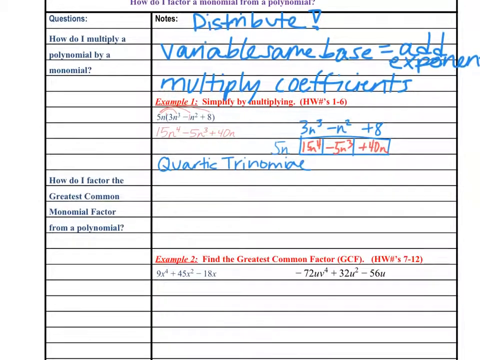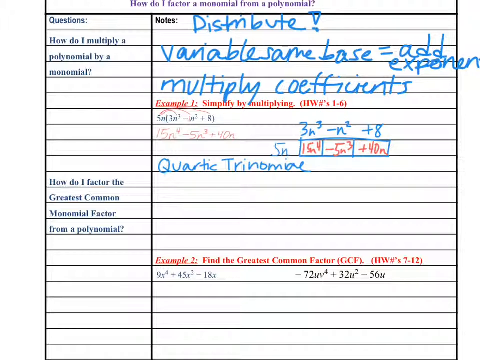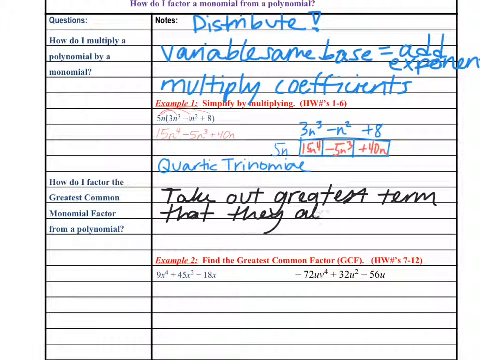Simply take out the greatest term that they all divide by evenly. So that's what you guys were doing on that last page.